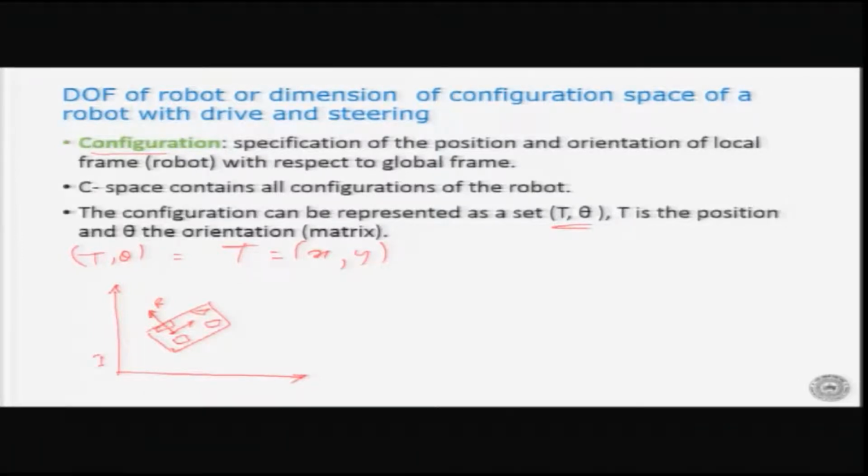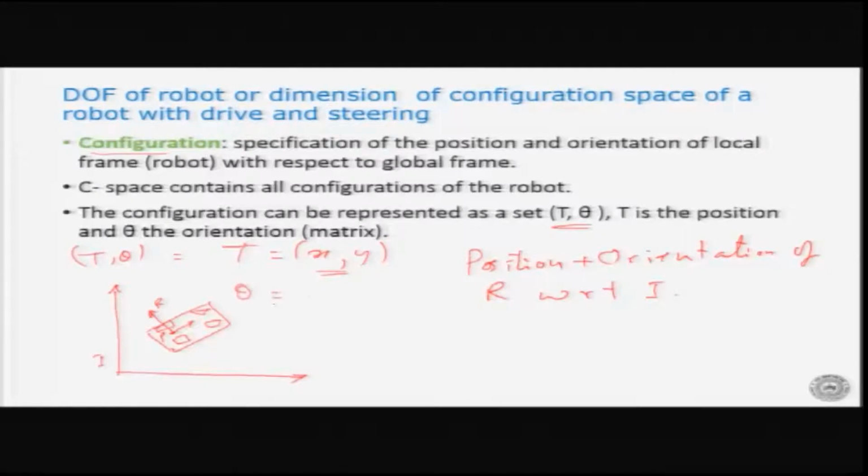So essentially if you are trying to find the position and orientation of the car, that means you are trying to find the position and orientation of the frame R with respect to I. So when I am saying I want to find the configuration of this robot, it is essentially trying to find the position and orientation of the frame with respect to the global frame, and this has three parameters. One is the position t, which is x and y of this point P. The other is theta.